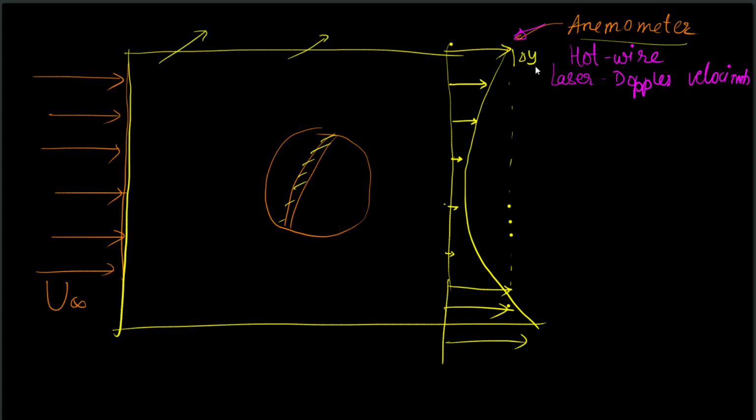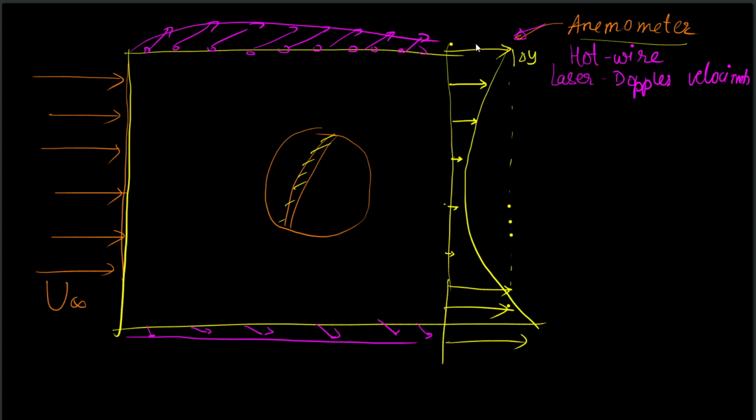But because you have disturbed symmetry, and because you have a hot wire anemometer ready at hand, you can measure the velocities over here as well. You interpolate the velocity.